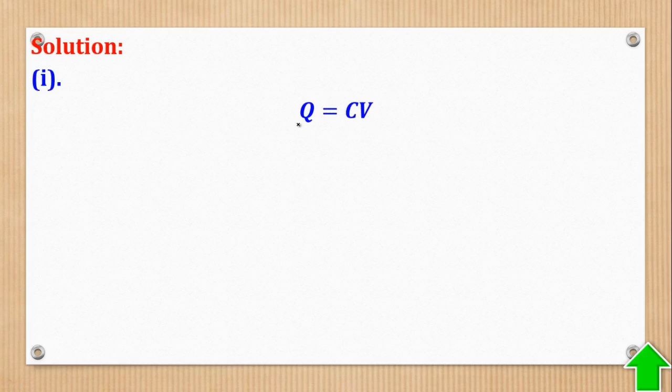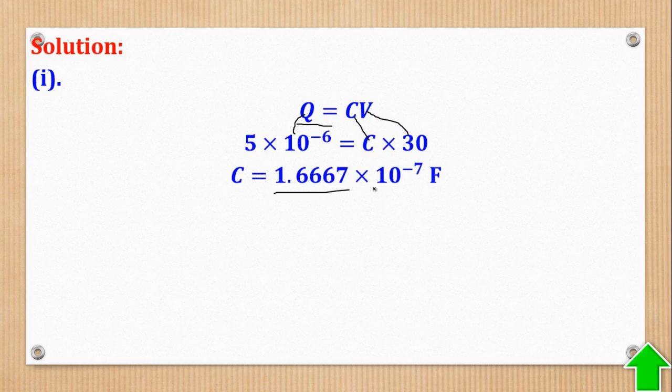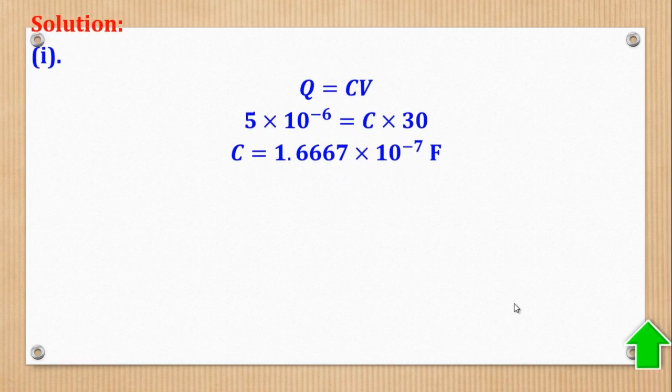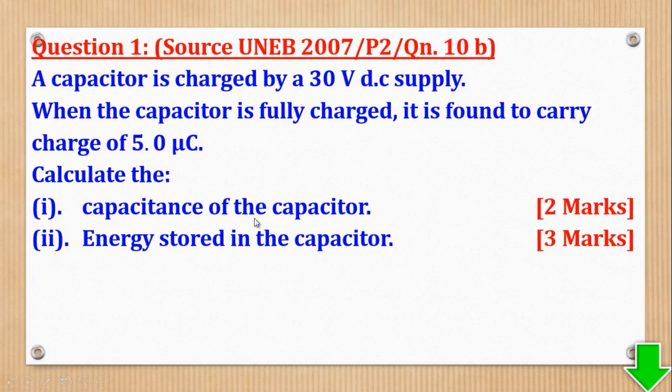So for (i), we shall first say that Q is equal to CV. Therefore, when I substitute for Q and V, which I know, I'll be able to get my C. After getting C, that was (i); they wanted the capacitance of the capacitor.